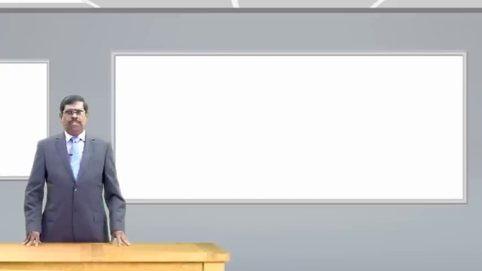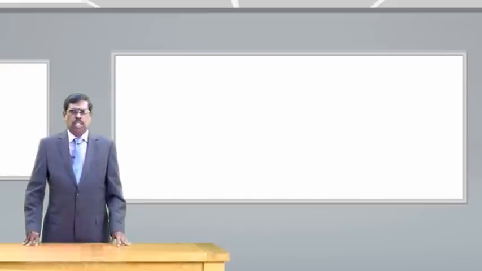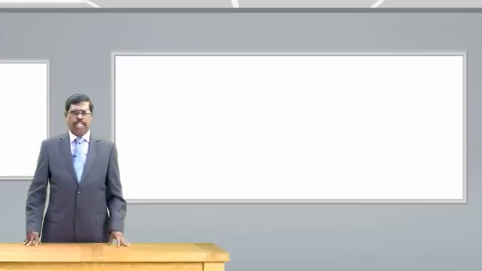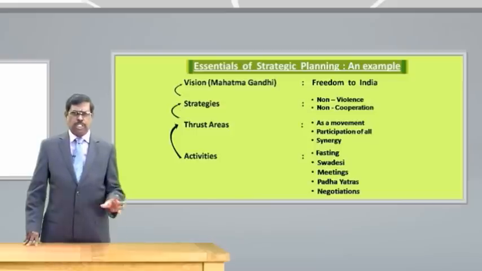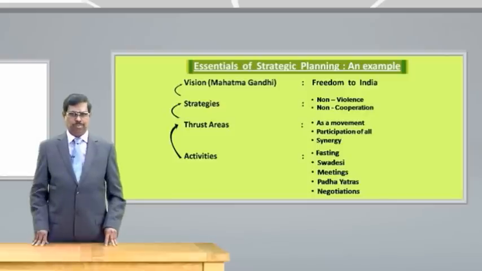To have a still better understanding of the concept of SREP, I would like to share an example. When the country was attaining freedom, Mahatma Gandhiji had a clear vision. His vision was freedom for India, and this vision can be accomplished through several strategies. Gandhiji chose mainly two strategies: one is non-violence and the second is non-cooperation.